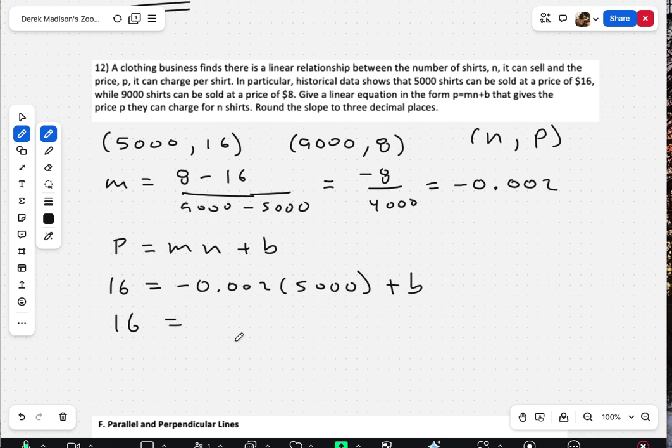If you throw that into the calculator, it comes out to -10 plus b. Add the 10 over, and you get b is 26. So our equation with the right variables would be P equals -0.002 n, our number of shirts, plus 26.